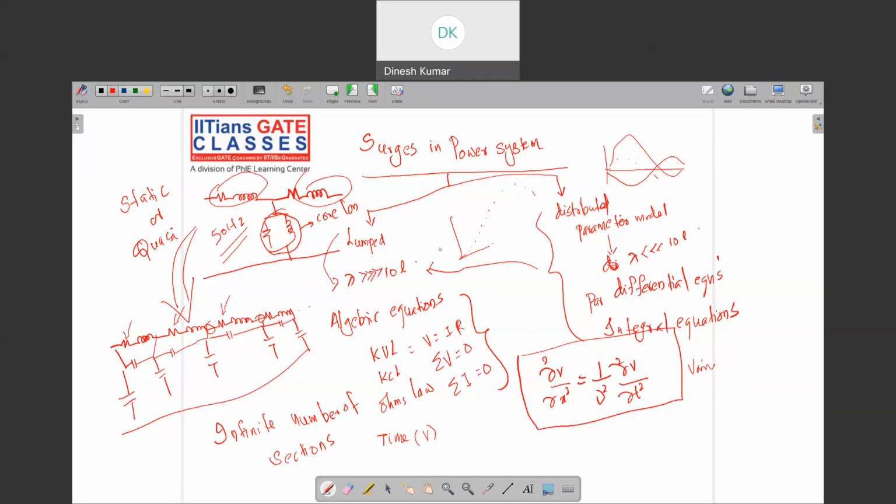This is very important. In most interviews, they will ask what the basic difference between a lump parameter model and a distributed parameter model is. You should have a thorough understanding of this. That's why in a long transmission line, we consider the distributed model, but for a short transmission line, we go back to the lump model.